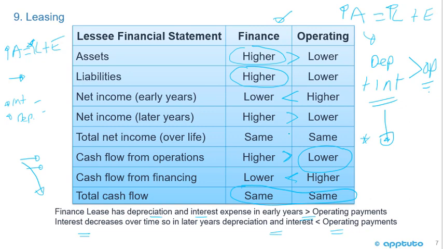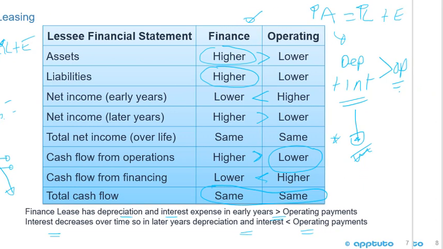So it takes a little bit of work at the beginning to understand the leases, but at the end of the day, it's not that hard. Just think a finance lease, I've got the asset, A goes up, L goes up. I've got the asset and I'm borrowing money to get it, so I've got depreciation and interest. That's more than a rental expense.